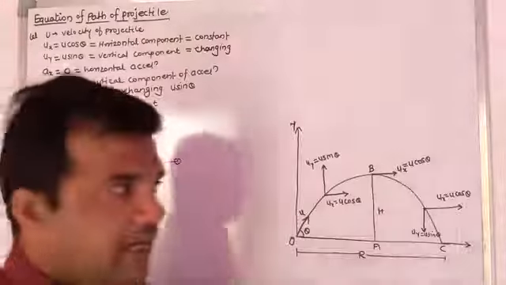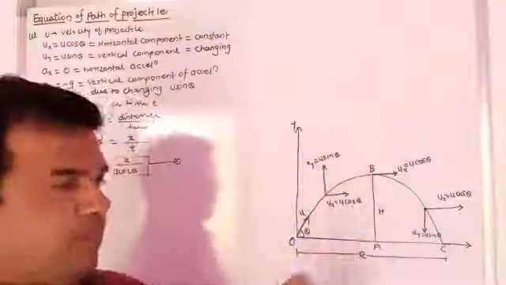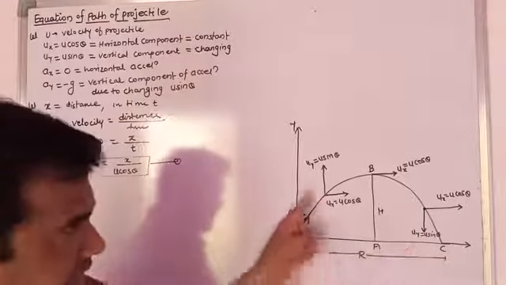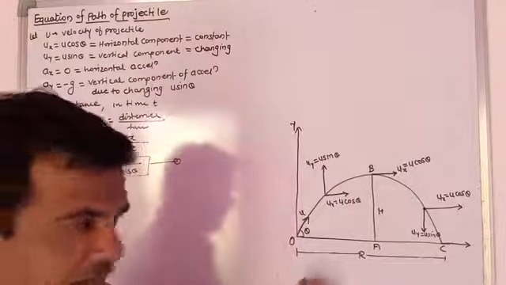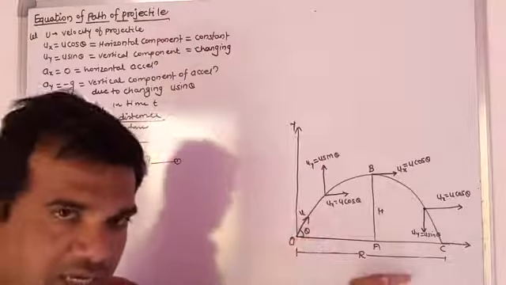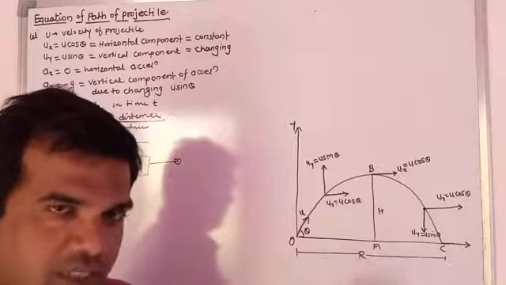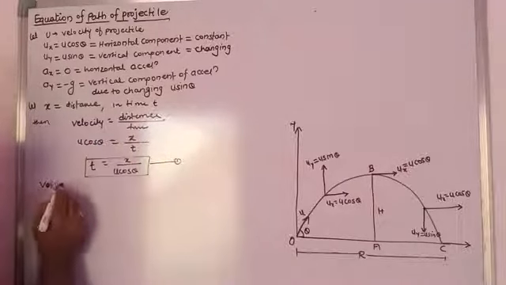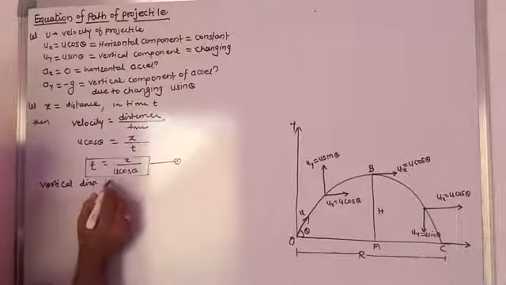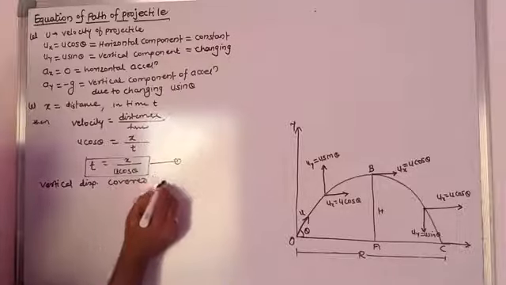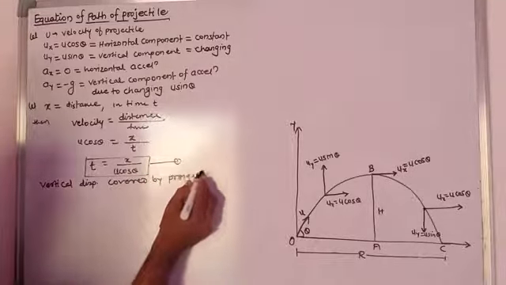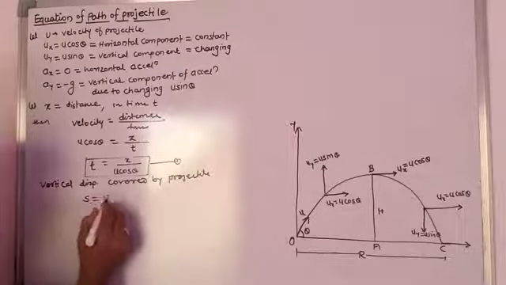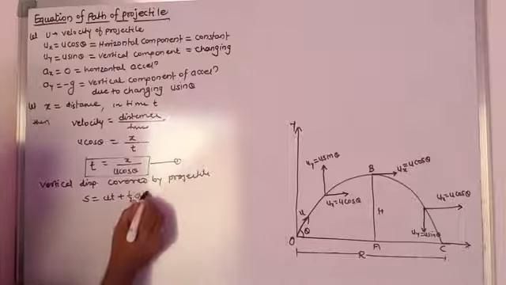Similarly, we can determine the vertical distance traveled, because the particle performs projectile motion, meaning it travels along the x-axis as well as along the y-axis, it simultaneously covers horizontal distance as well as vertical distance. Now the vertical distance or displacement covered by projectile can be calculated by using the second kinematical equation, s is equal to ut plus half at square.